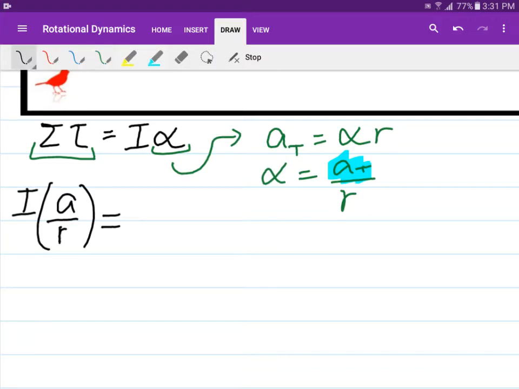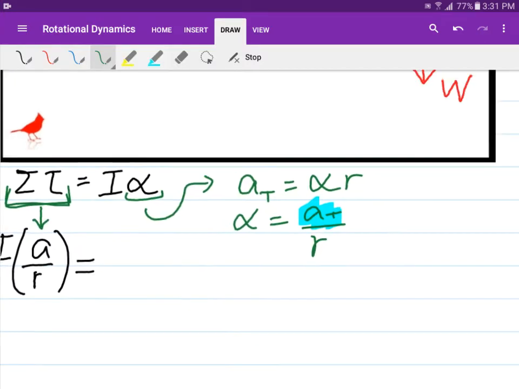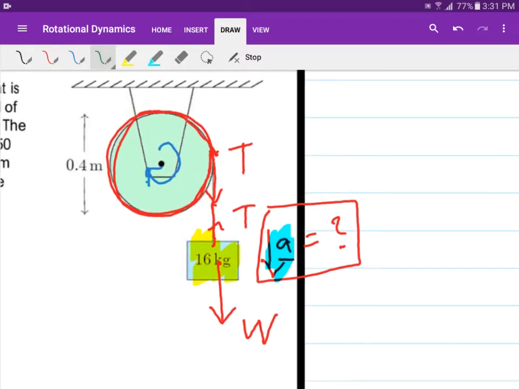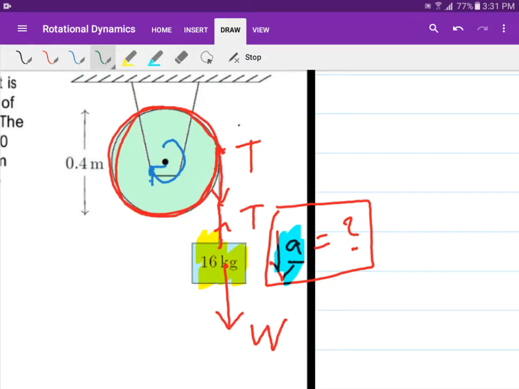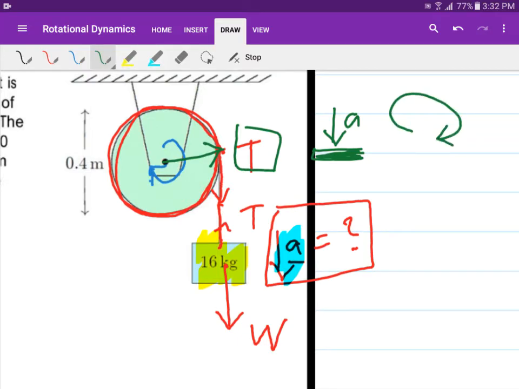This torque should follow the same direction as the tangential acceleration. Here for our twisting force T, we have an r. The direction of tangential acceleration is downward, so this tangential acceleration will be provided by this twisting force.